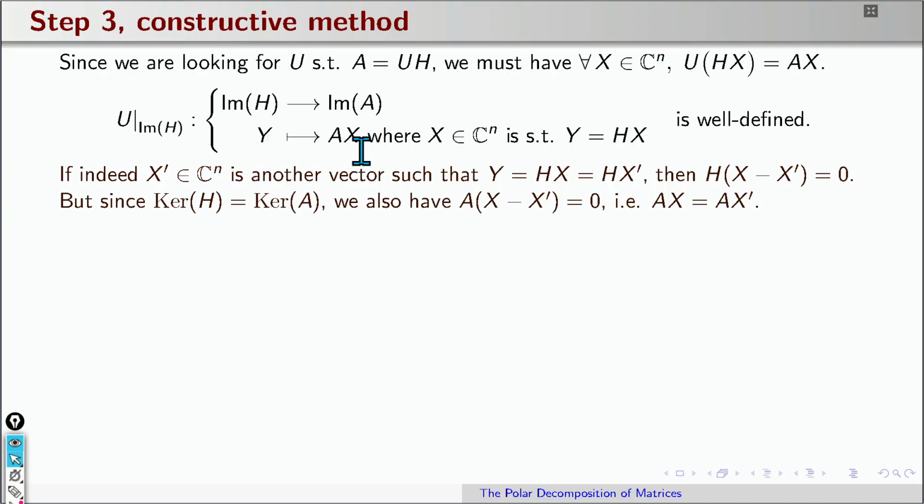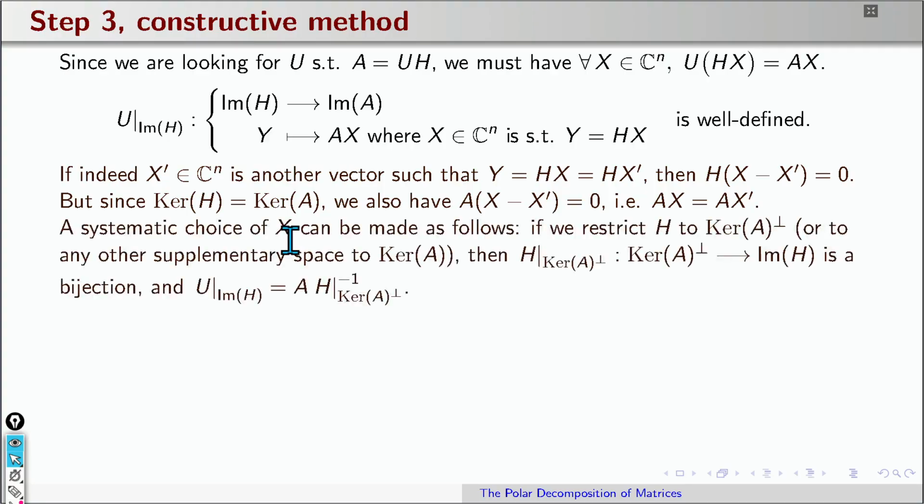In fact, you can make a systematic choice. If you restrict H to a supplementary space of its kernel, then this map will be injective. It is surjective because we take the image as the target space.